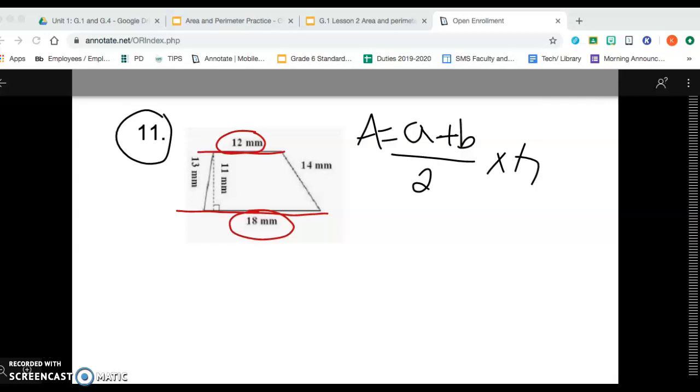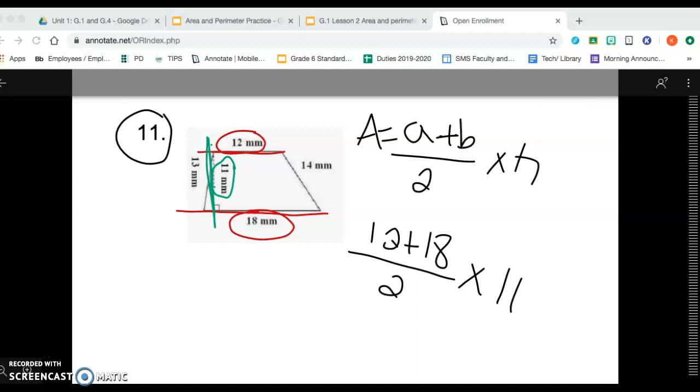So we're going to have 12 plus 18 divided by 2 times, and then remember the height is whichever line is straight up and down from the bases, so the vertical line. In this case, it's this dotted line right here, which they tell us is 11 millimeters, so it's going to be times 11.